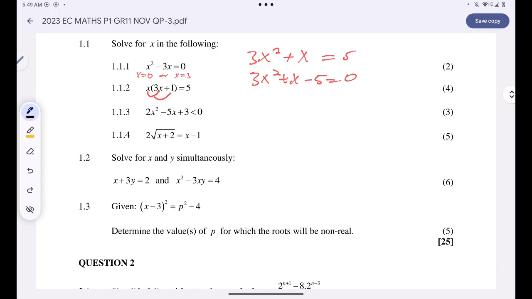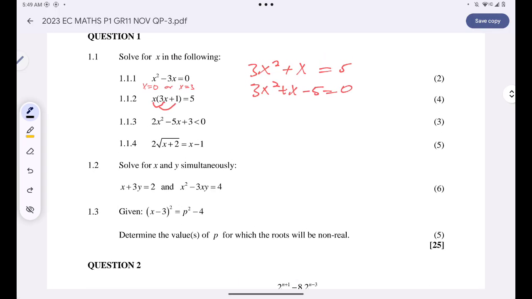Are you together? There are only 3 things that I will need for my quadratic equation. I will need the value of a, which is anything in front of x squared, the value of b, anything in front of x, and the value of c is any term that does not consist of x. Are you together?